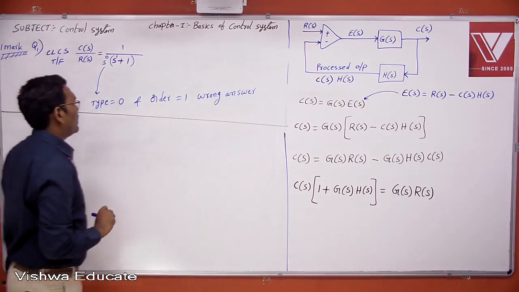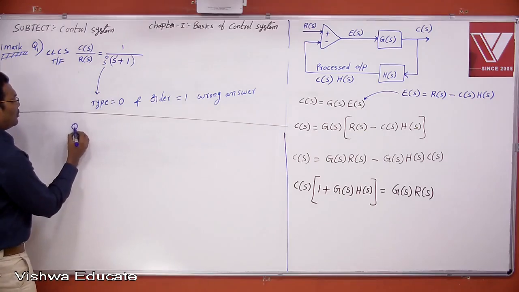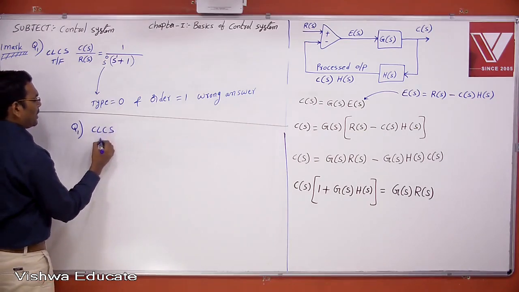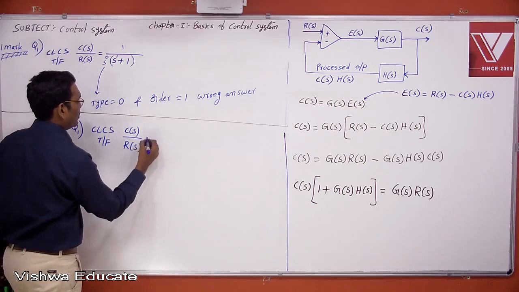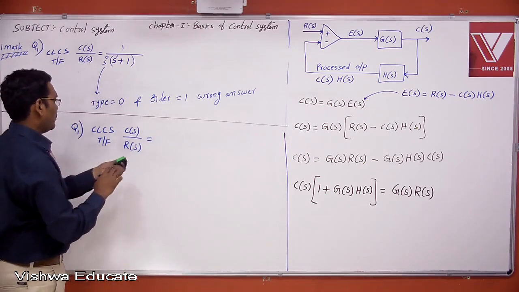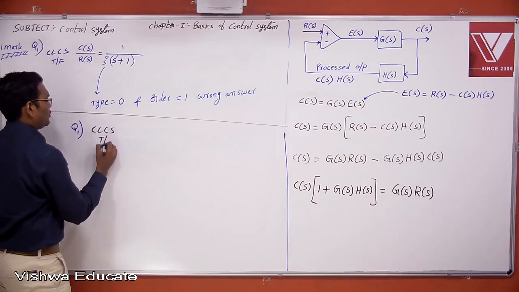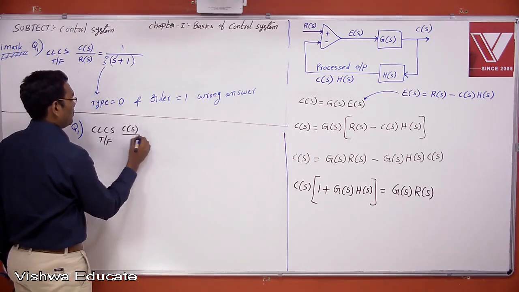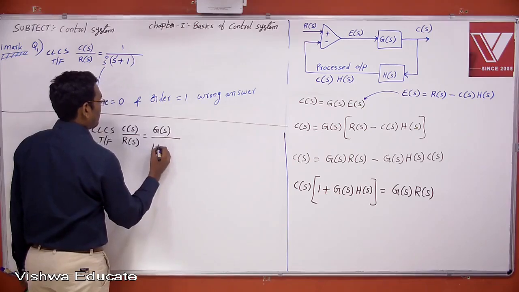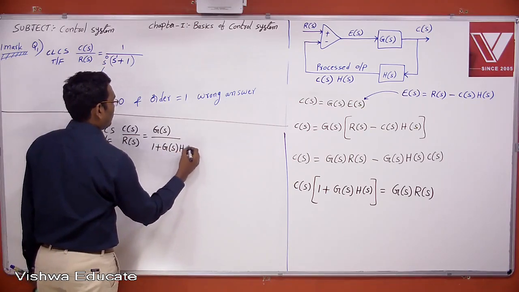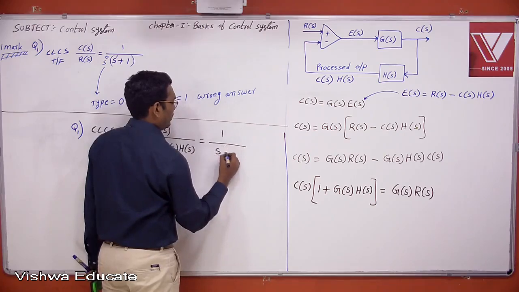The closed loop transfer function is generally represented by the Laplace transformation of output to the Laplace transformation of input, which is C of S by R of S, equal to G of S by 1 plus G of S into H of S.